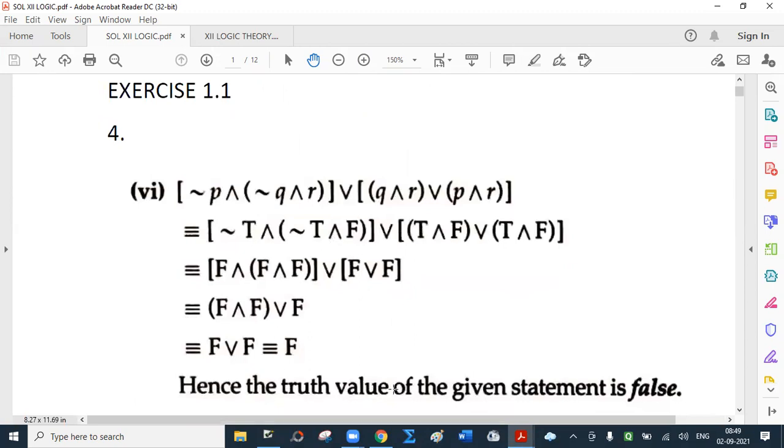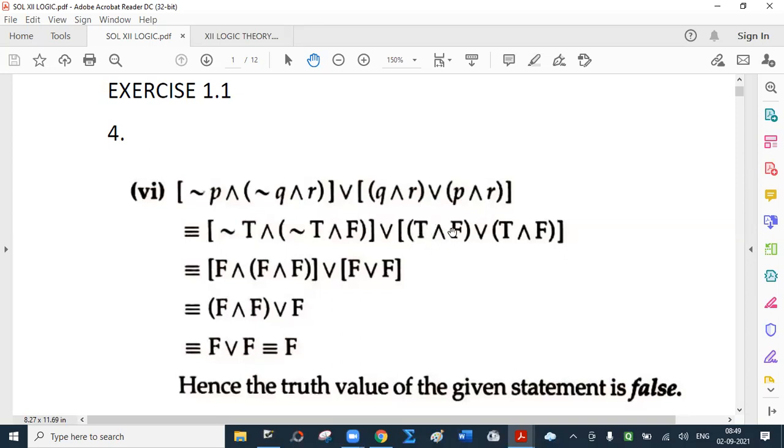Finally, you have to say the truth value of the given statement is false. See, not P and not Q and R. So not true and false. Let us consider this bracket first. Not true is false. What is false and false? False. So effectively, false and false is false.